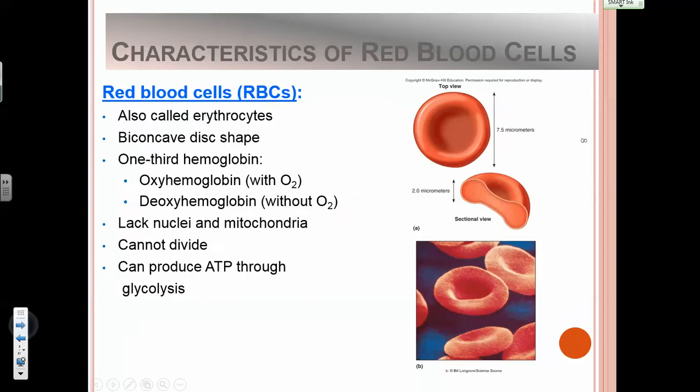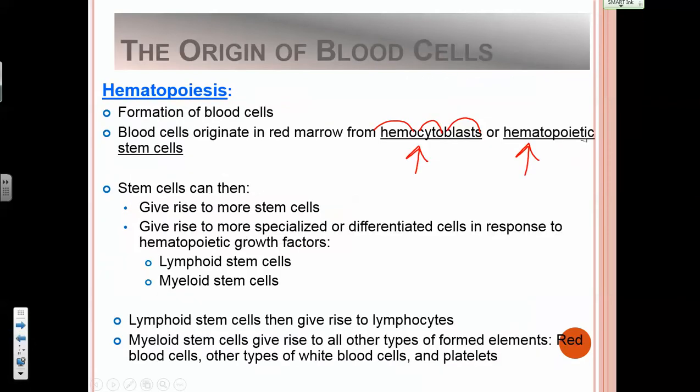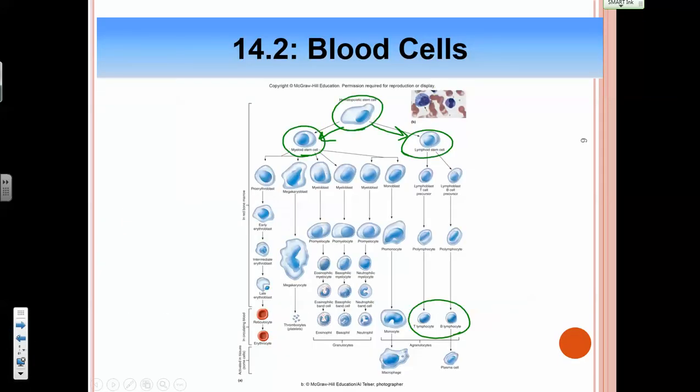You hear sometimes about leukemia. While I'm on this, leukemia is a cancer of cells in the bone marrow. Did you know that? And it can affect the lymphoid cell line, or it can affect the myeloid cell line. There's different types of leukemia. You may have heard those terms associated with some of those different kinds of leukemia.